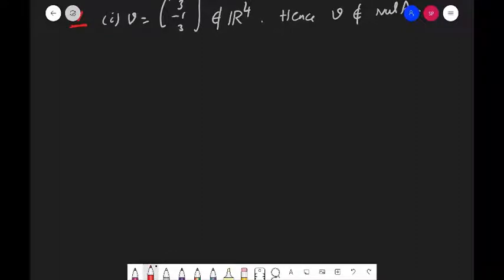So now we have to see for column A. What are the conditions you have for column A? Vector x belongs to column A. Then what are the two conditions you have? The first one is that vector x should belong to Rm. Here Rm is, how many rows you have? 3 rows, that is R3.